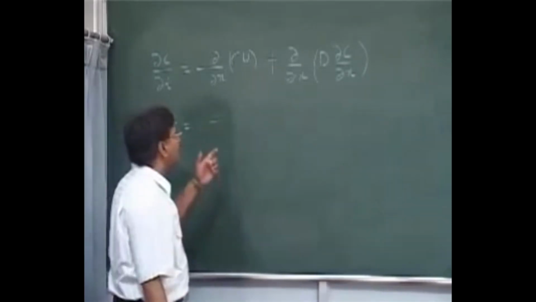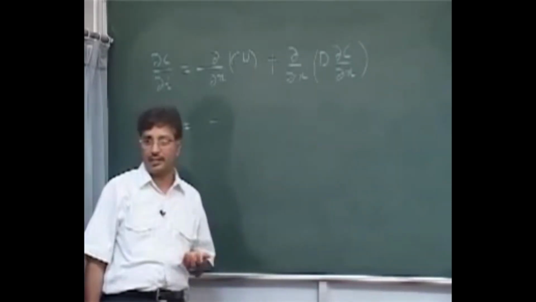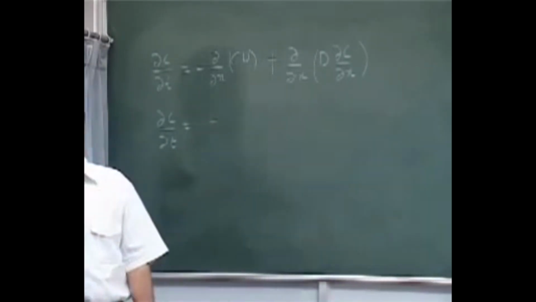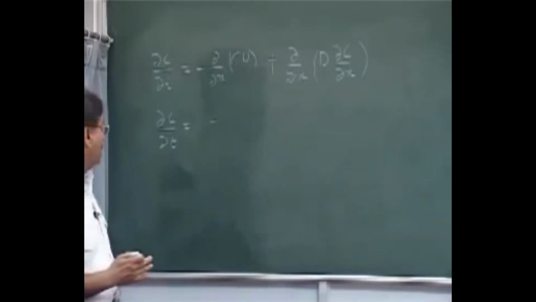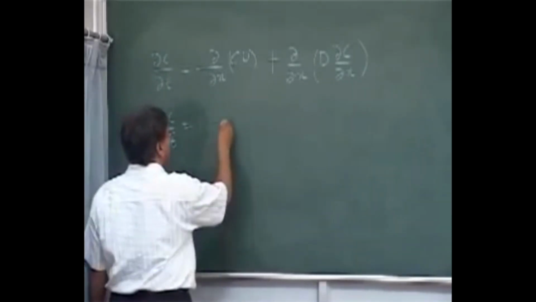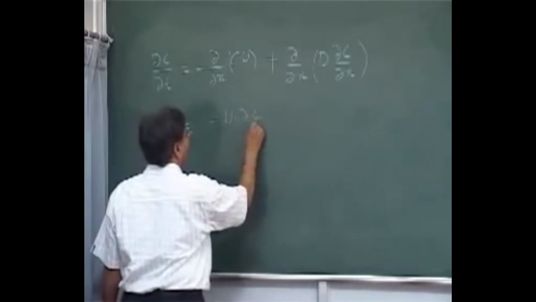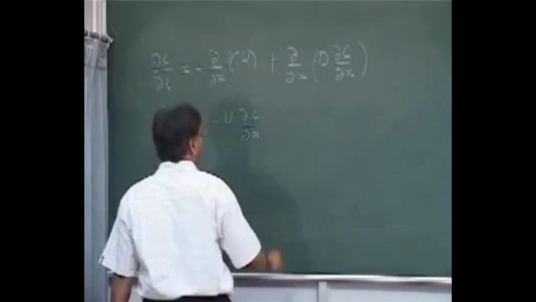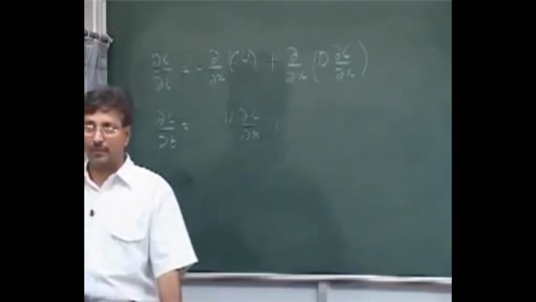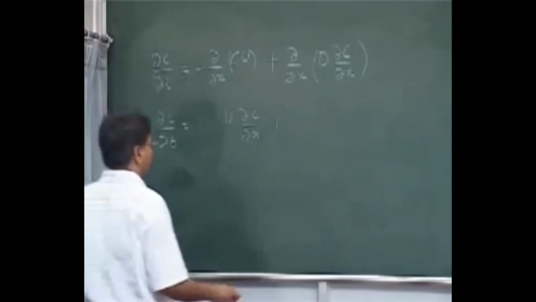Suppose I say u is not a function of x. It means if I am traveling along the direction x, the wind speed does not change in my case. So that is the assumption I am making. So u is out, del c by del x, and I am also saying the diffusion constant is not a function of position, so this also can be taken out.